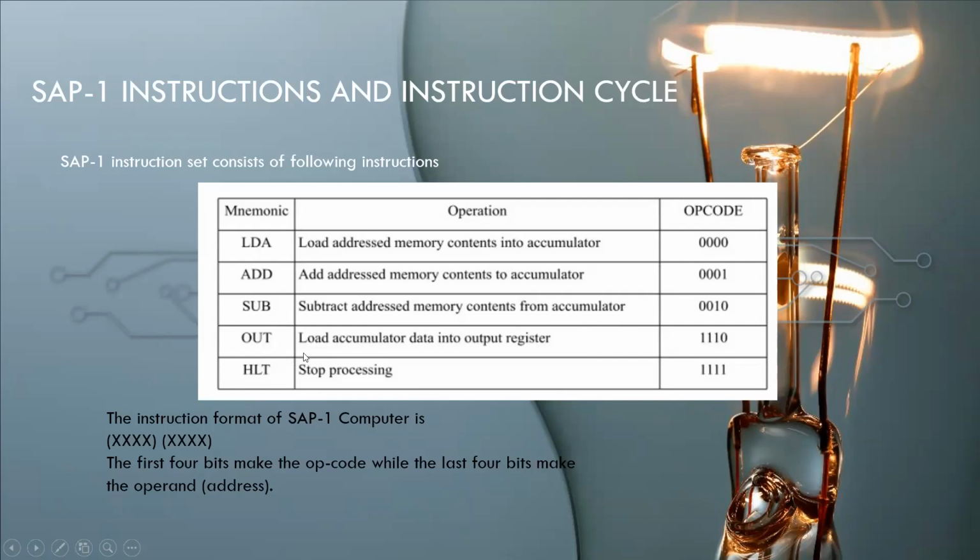The instruction format of the SAP 1 computer is XXXX XXXX, where the first 4 bits make the OP code while the last 4 bits make the operand address.